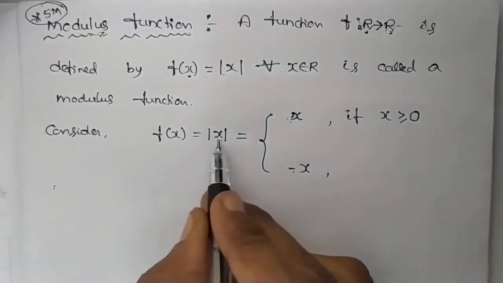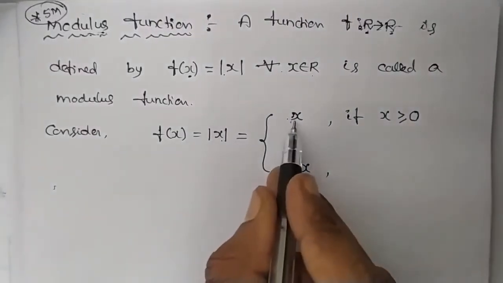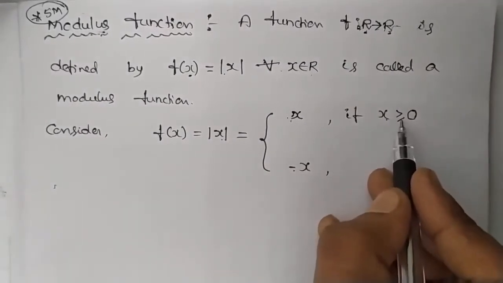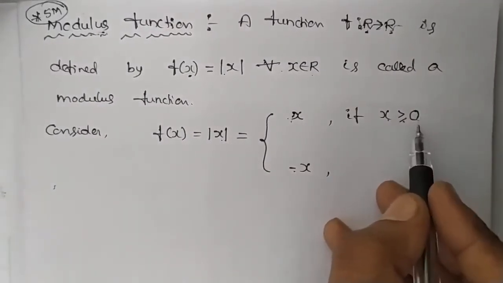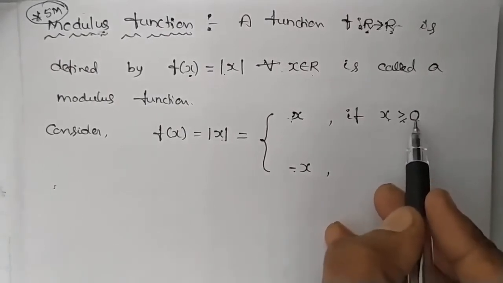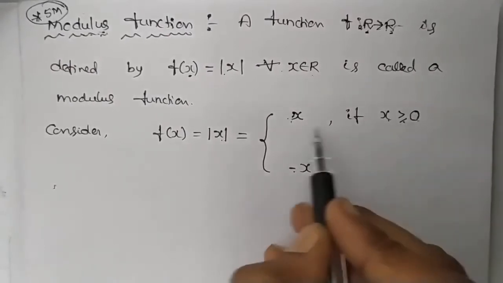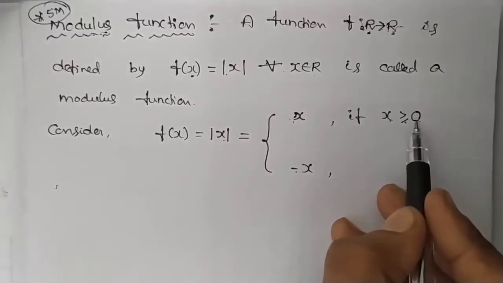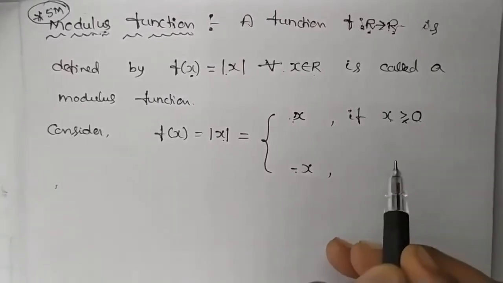f of x equals modulus x, f of x equals plus x, positive x, when x is greater than or equal to 0. That means the values should be more than 0, including 0 also.